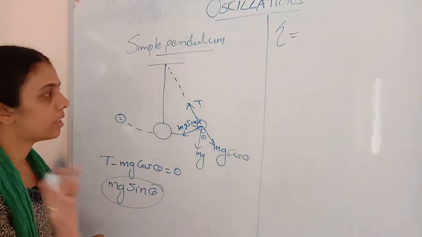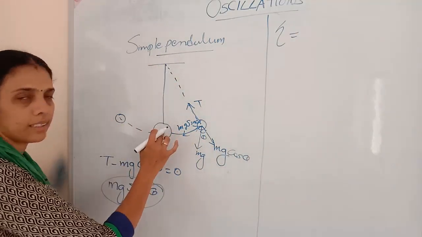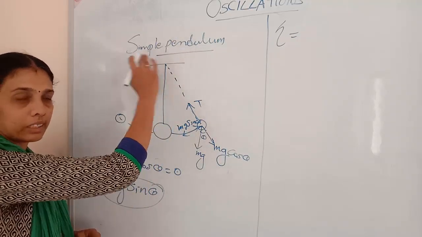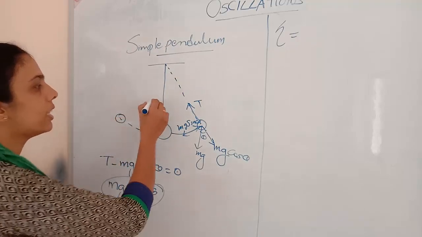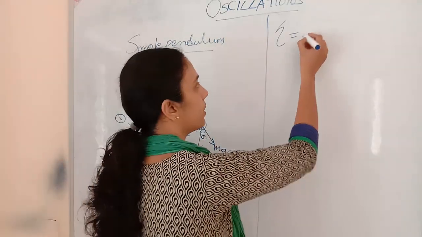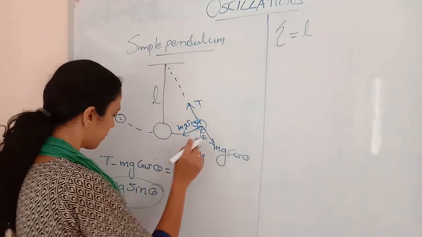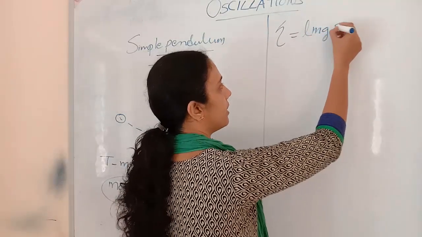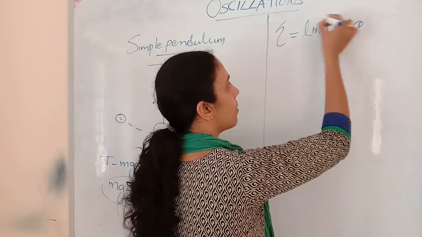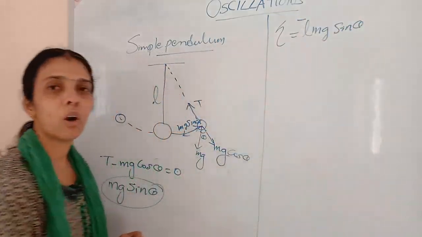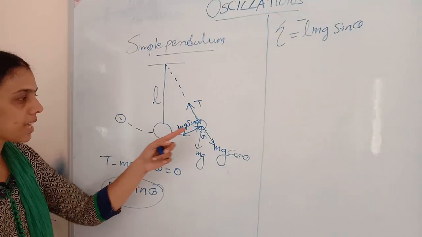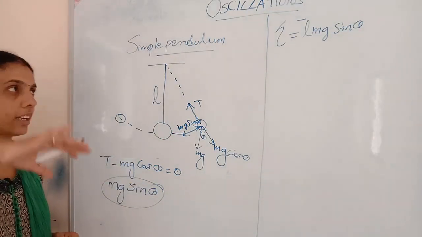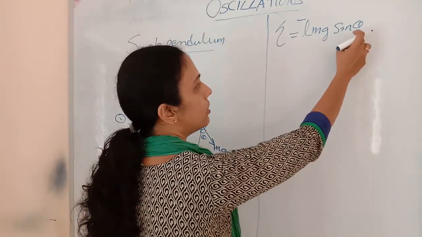What is r here? This is the distance from the point of support, from the hinge. If L is the length of the pendulum, it is L into the force, and F is mg sin theta. This will be a restoring force, acting in the opposite direction to the displacement. So torque equals minus L mg sin theta.